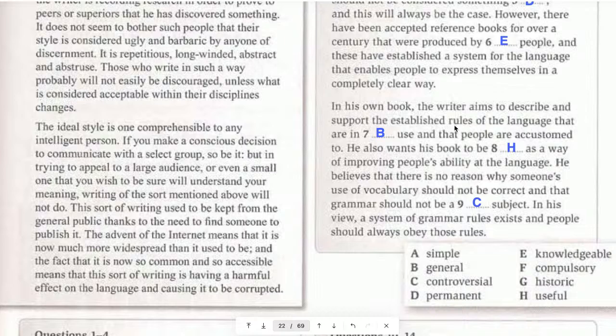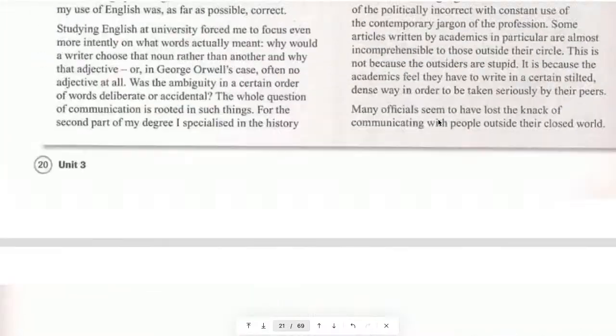That means that all of the rules of the language which have been established that are in general use. That means that they are in use by many people and that people are accustomed to. Okay, now tell me, where can we find information?